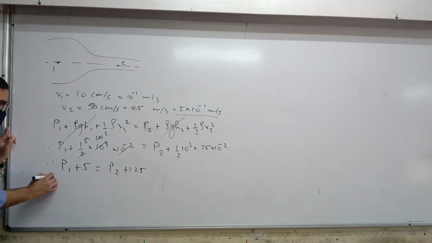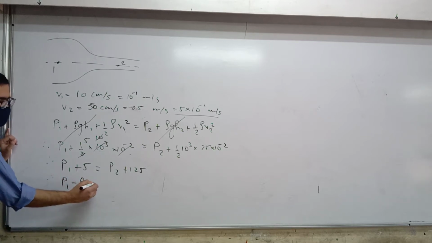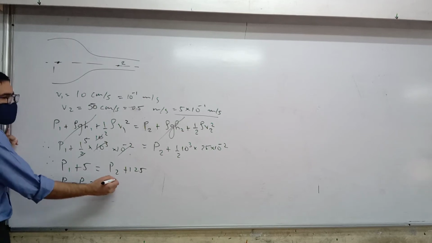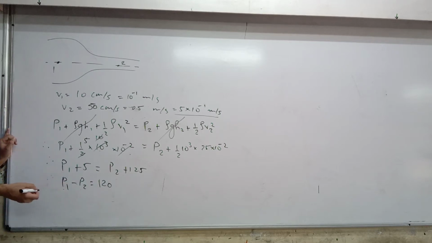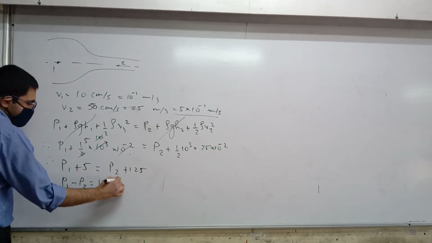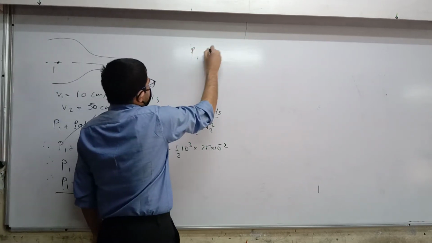So what is P1 minus P2? 120. P1 minus P2 is 120 pressure units. So this is your answer, the pressure difference.